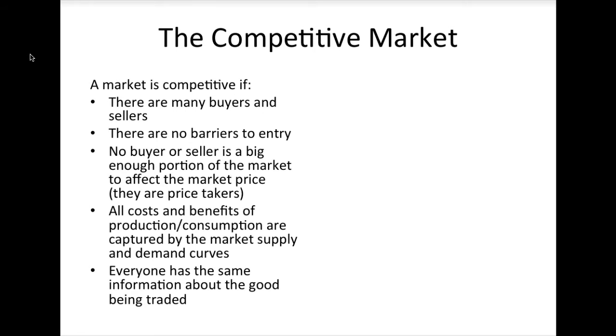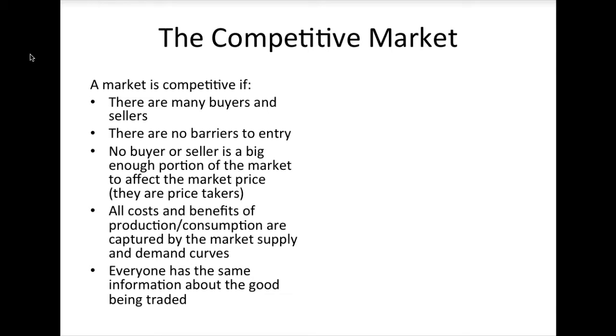Generally speaking, perfectly competitive markets contain many buyers and sellers, all of whom are price takers. There are no barriers to entry, which means that it is possible for anyone who wants to participate as a buyer or seller in the market to do so. These criteria establish the minimum requirements for a competitive market.